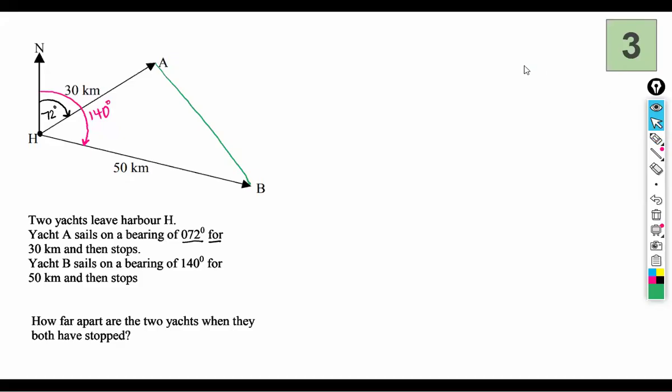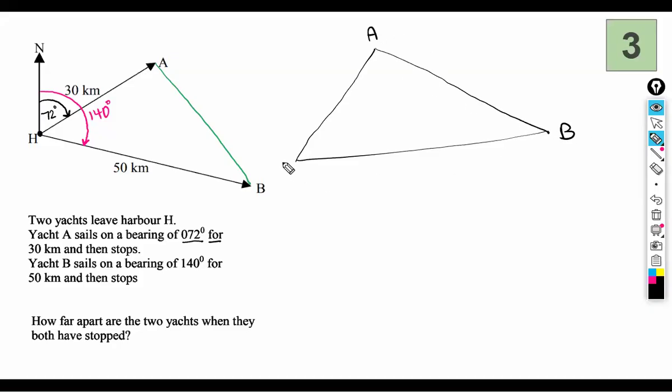Now, this question is really similar to the one we just did, right? Let me see if I only draw the triangle we are interested in, if we could figure out the necessary angles. So we know here's 30 and here's 50. How much is the angle in between?